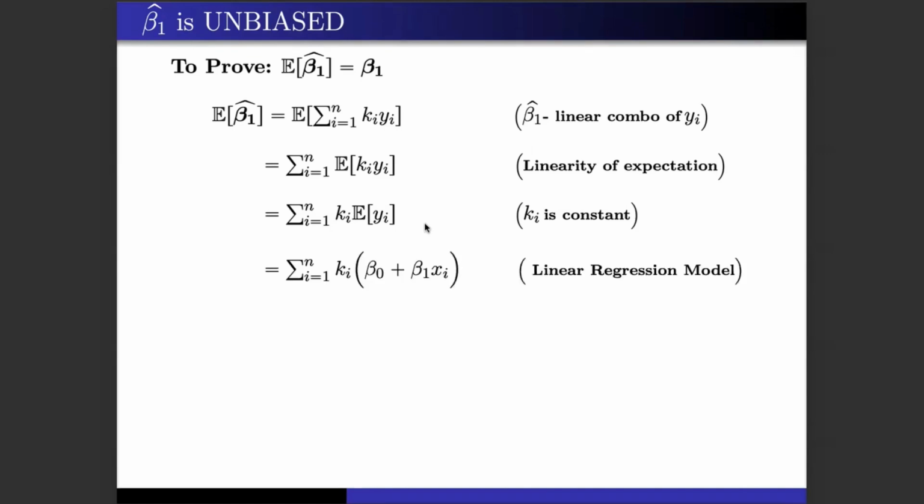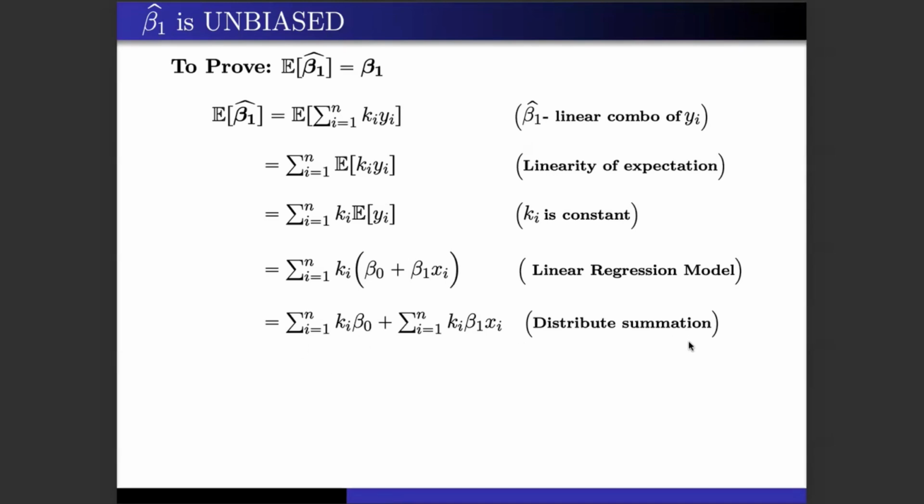In the next step, we write expectation of yi is equals to beta naught plus beta 1 xi because we have the simple linear regression model where we can express the mean of the dependent variable as a function of the independent variable. In the next step, we first multiply ki with beta naught and beta 1 xi and then distribute the summation sign over both the terms.